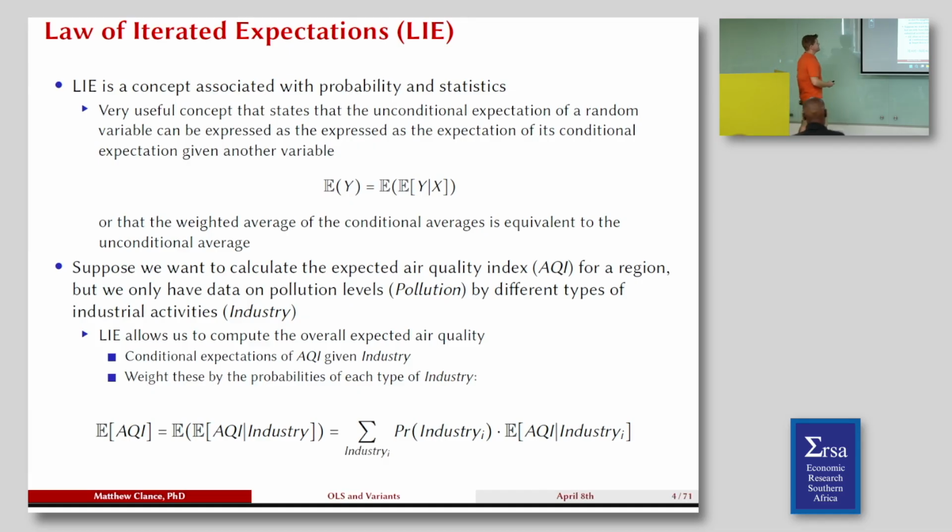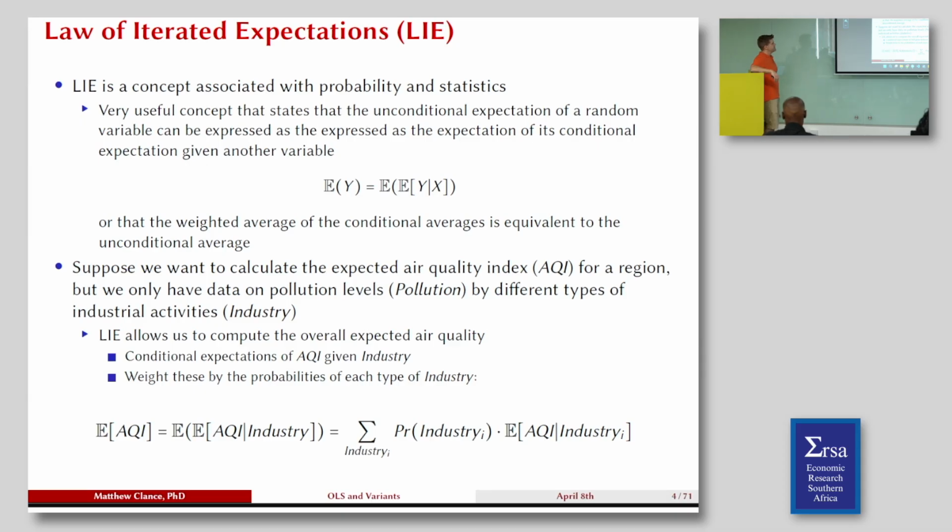It states that the unconditional expectation of a random variable can be expressed as the expectation of the conditional expectation given another variable. Basically, it's saying that the expected value of y should be equal to the expectation of y given some x.